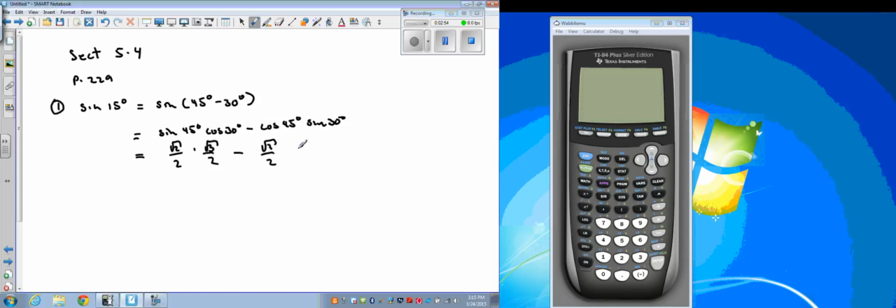And the sine of 30 is one half. So now what you have is a product here, you can write it under a single radical, right? Square root of 6 over 4 minus square root of 2 over 4. So the answer is A.